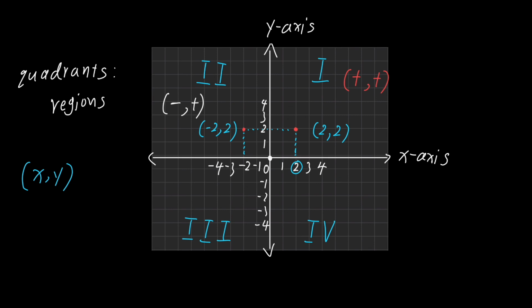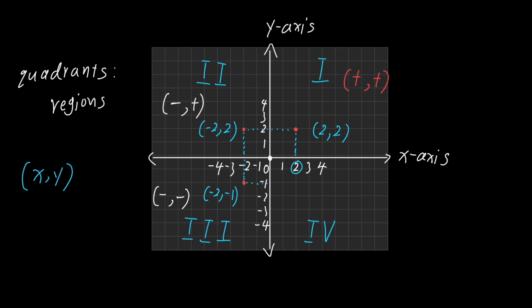For the point in the third quadrant, let's see, right here. Same thing, we draw these dotted lines, and the x value is -2. The y value is -1. So any point in the third quadrant will have signs that are both negative.